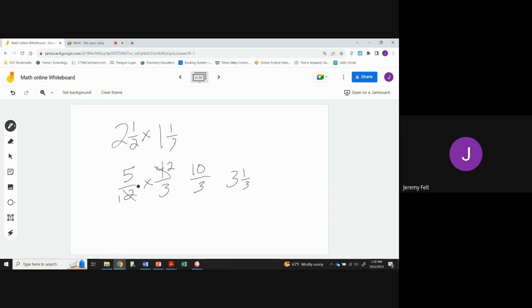So we rename it, make it an improper fraction, and we multiply and then simplify. We got it into an improper fraction, then we converted it back to a mixed number.